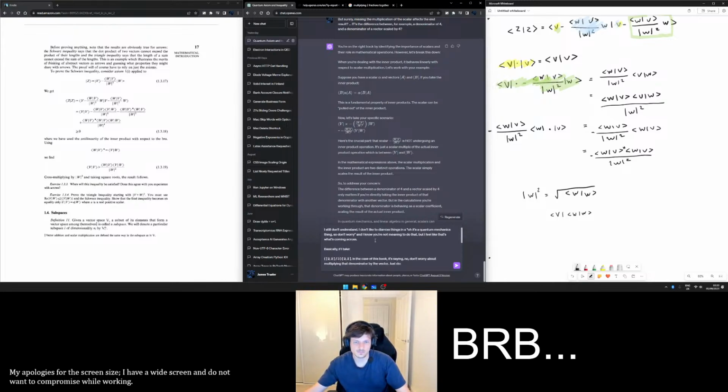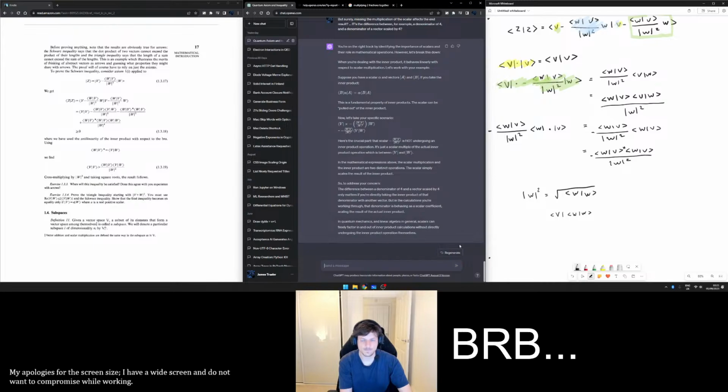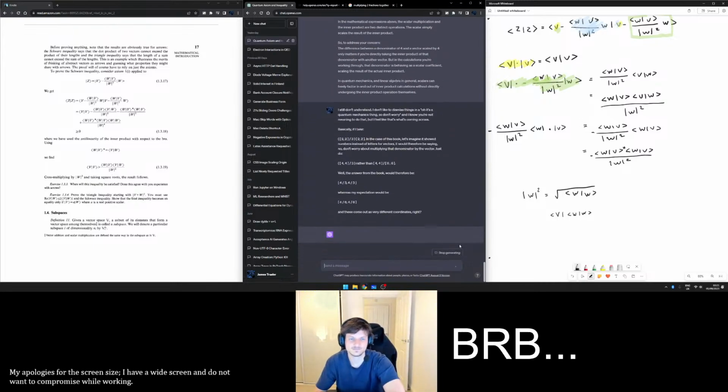I don't like this. In the case of this book, let's imagine it showed numbers instead of letters for vectors. Let's see what this says.